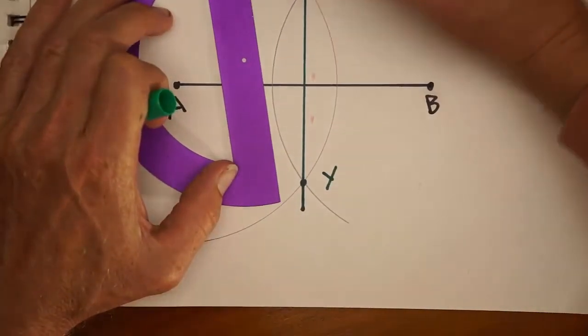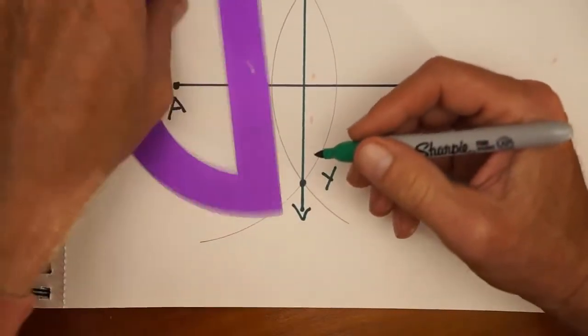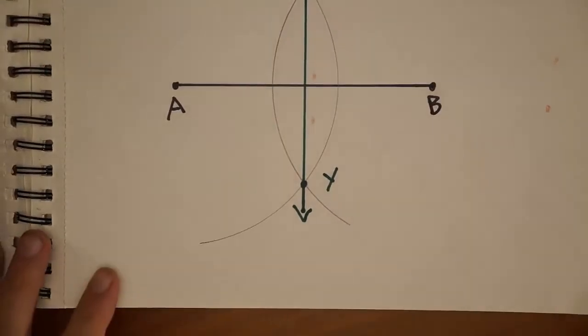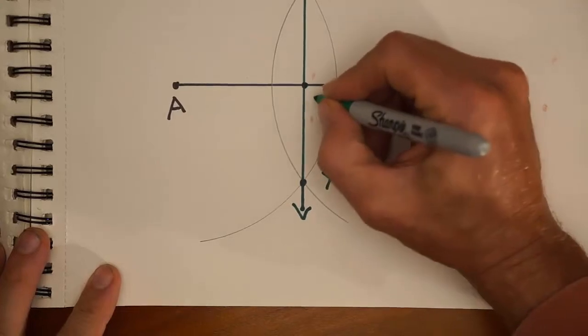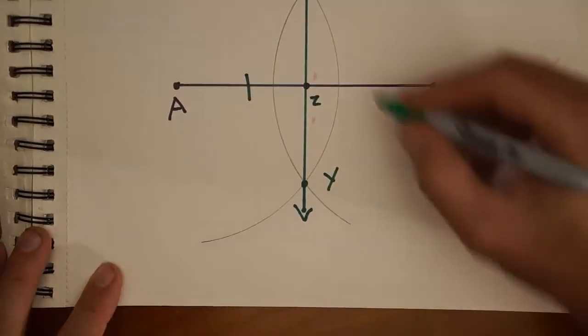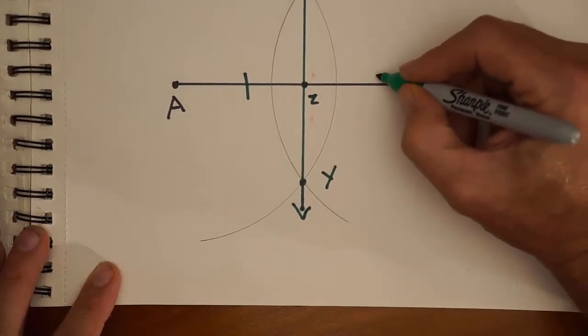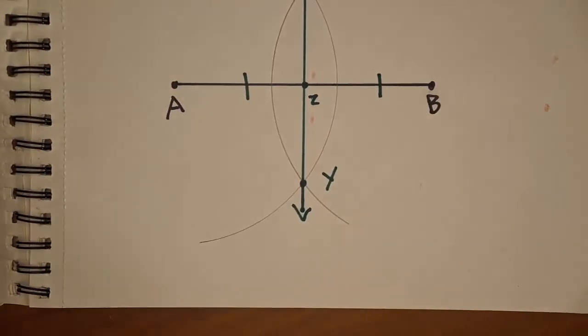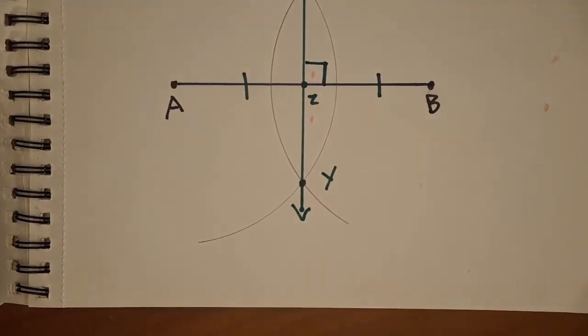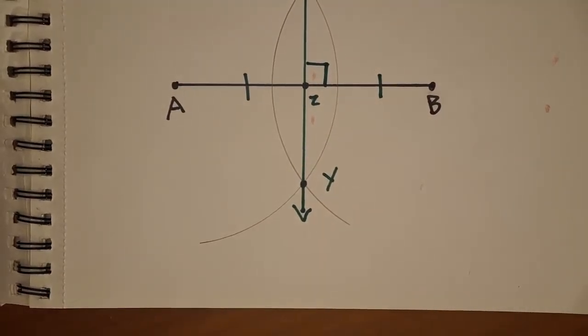And that line XY is the perpendicular bisector of AB. If we want to label this point as Z, we could say that line segment AZ is congruent to line segment BZ. And that's a right angle. Line segment AB is perpendicular to line XY.